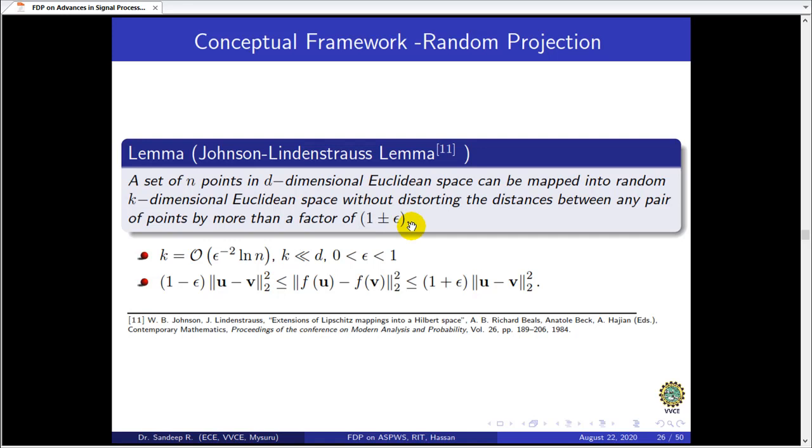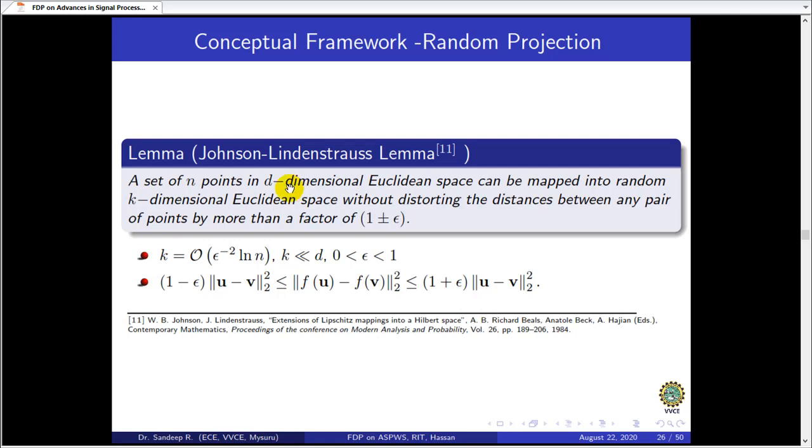That is, if I am mapping the n points from high dimensional space to the low dimensional space, the distances are preserved. That is, we are trying to capture the features in terms of distance preserved. So distances are preserved approximately. By how much? By a factor of 1 plus or minus epsilon.